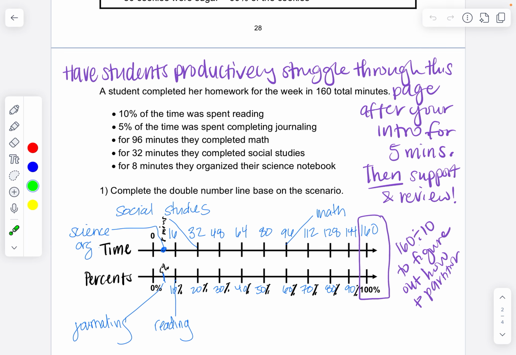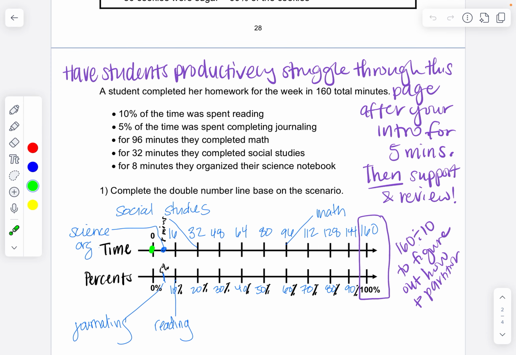It says a student completed her homework for the week in 160 minutes. So 160 total minutes. So you should see that students are even able to identify this. 160 is the same as 100%. Then students should try to figure out, how am I going to partition?